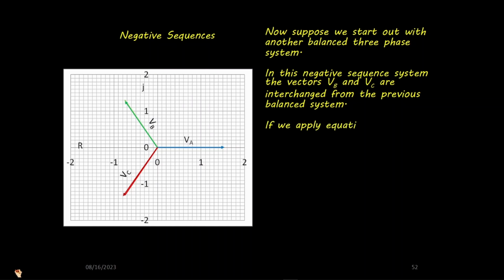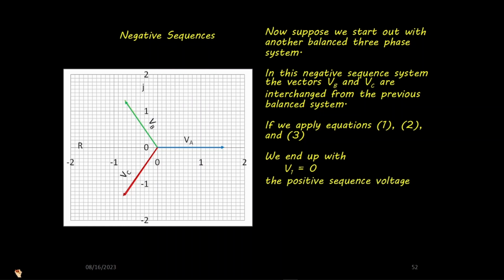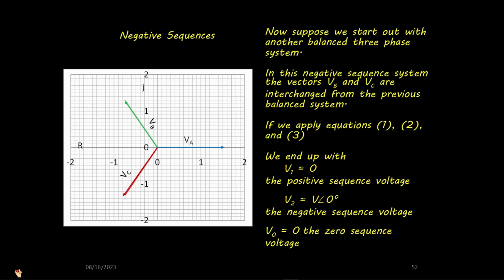If we apply equations 1, 2, and 3, we end up with the positive sequence voltage V1 equals 0, the negative sequence voltage V2 equals V at 0 degrees, and the zero sequence voltage V0 equals 0. Again, for a balanced system excited by a balanced negative sequence, the positive sequence and zero sequence voltages and currents are 0.